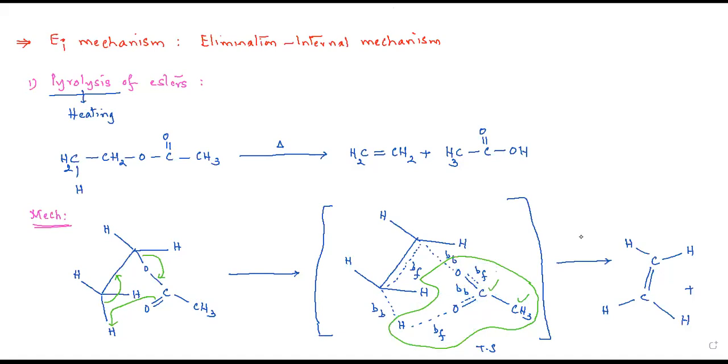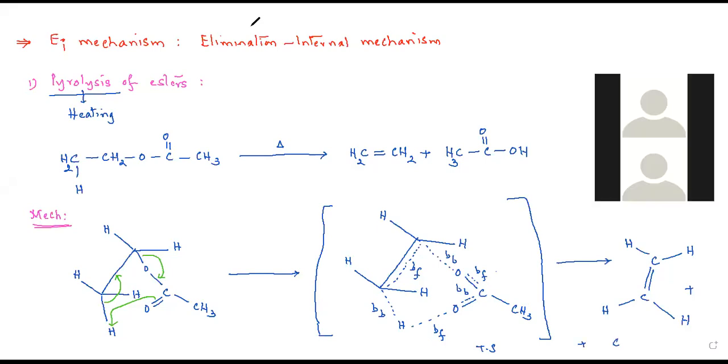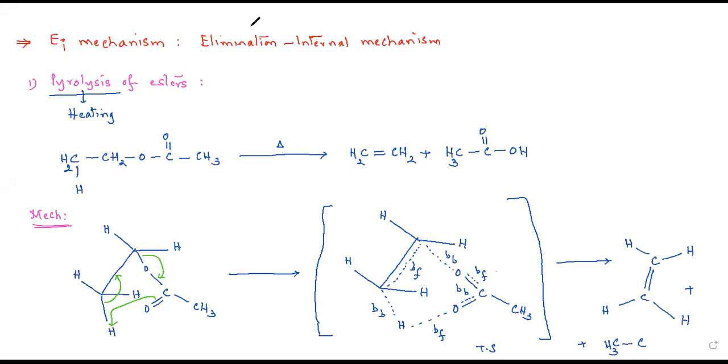Check out again. CH3, C double bond O. Then onto this side it is OH. So these are the things that we get. Okay. Now, let me write the byproduct. CH3, C double bond O, then OH. Okay. So this is how the pyrolysis occurs.